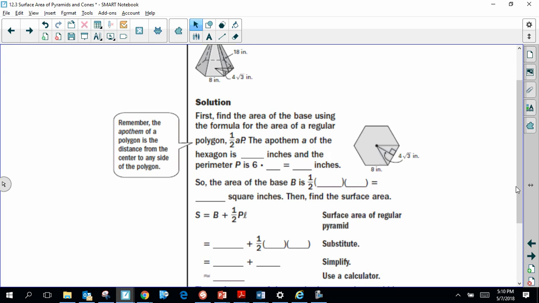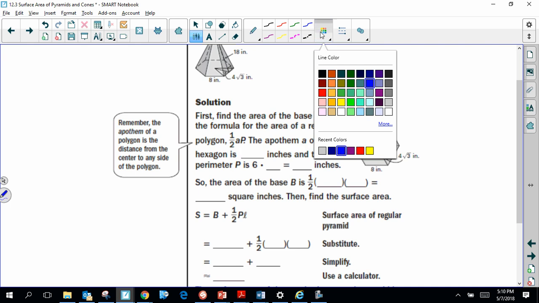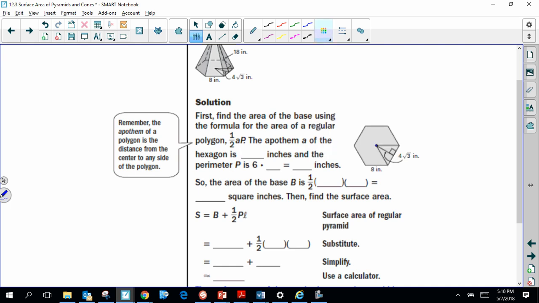So we're essentially just looking at this triangle here, that 30-60-90 triangle, where the hypotenuse is 8, so the short leg would be 4, and the height of the triangle, and therefore the apothem of the hexagon, is just 4 radical 3.